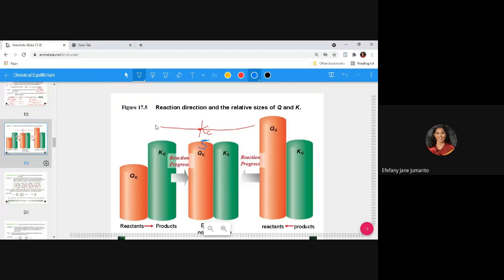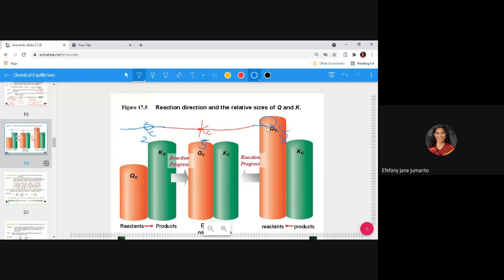Now, if your Qc is here, your Qc is 4, or maybe 2. Then Qc should be here.